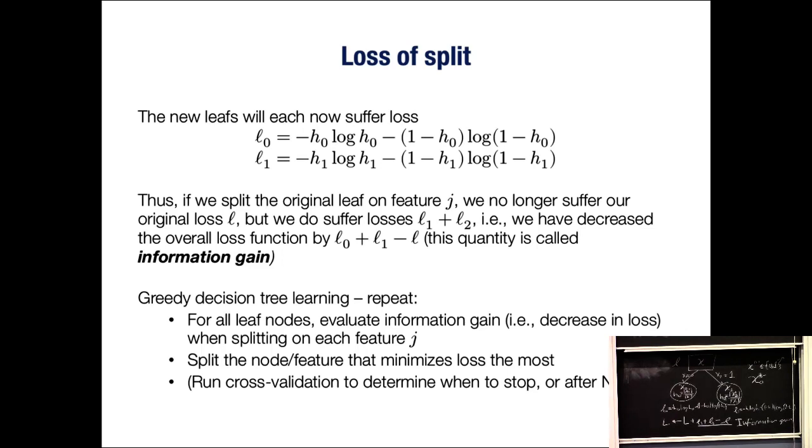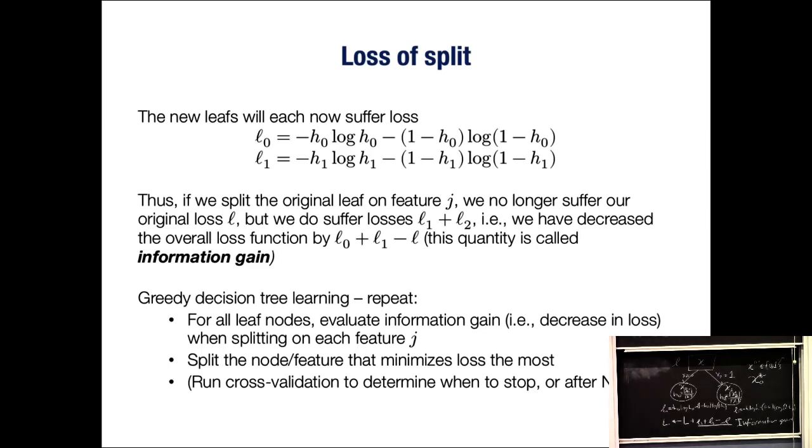I'm going to evaluate that for all the leaf nodes and all the features, and choose to split the one that causes the biggest decrease in my loss. That's why information gain is the criterion you use to pick the node. People just define it differently, but that's all that's going on. I'm just taking the biggest step I can to minimize the loss, because I know that I can't actually search over the set of all trees. So I'm just going to find the best split I could do to make the biggest difference.